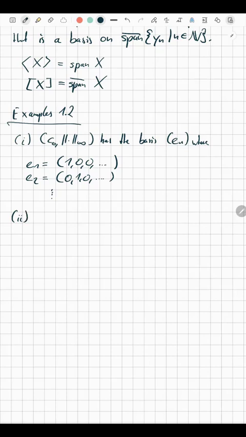Secondly, I think it would be nice to note that not every sequence is also a basic sequence. And I will give an example to make this more intuitive.